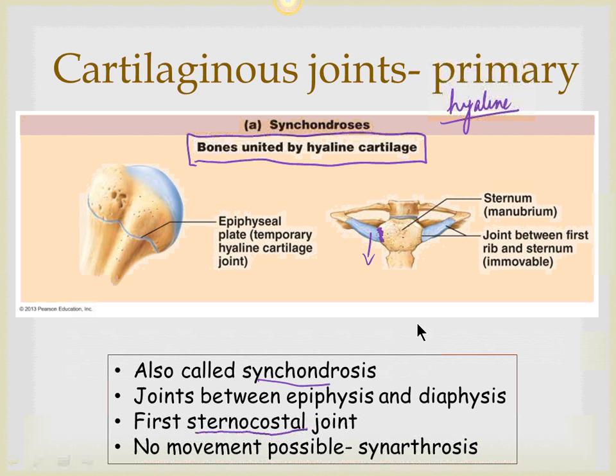So in these joints, especially where the epiphysis and the diaphysis are, the bone soon overgrows the cartilage and the joint fuses. When the joint has fused, it's also known as synarthrosis. No movement possible. Remember, immovable joints were also called synarthrosis. So these primary cartilaginous joints are also immovable joints.